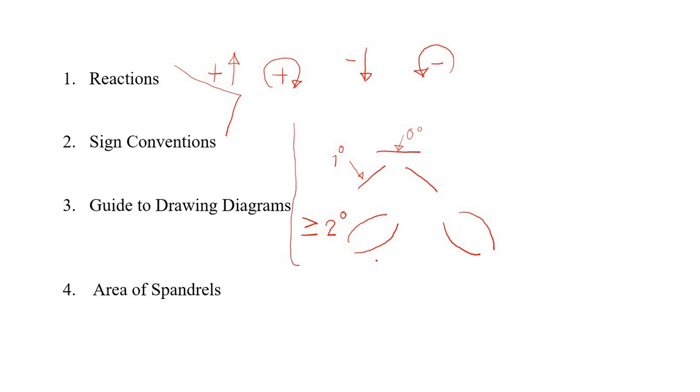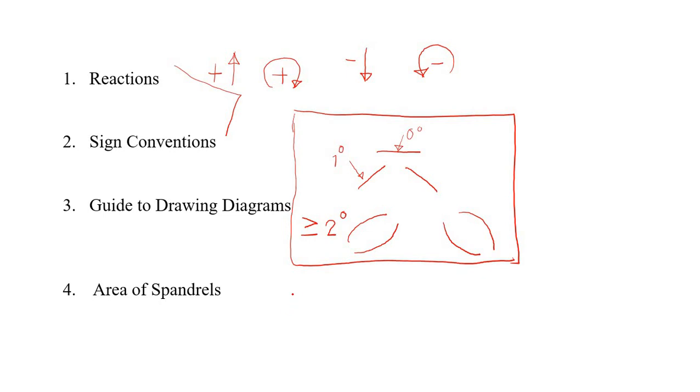So these are the common compositions of our shear and moment diagram. And if we have positive shear, then for our moment diagram, we have upward slope. And if we have negative shear, then for our moment diagram, we have downward slope.